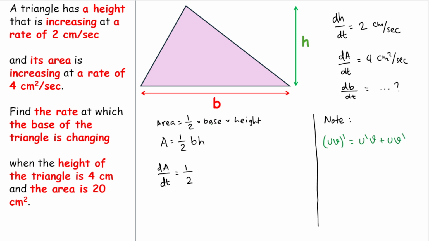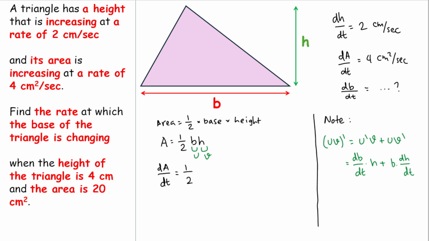Okay, and let's use our b here as our u and our h here as our v, right? So in this case here, we will have u', so we will have dB/dt, right? So we have dB/dt, then multiplied by v, that is h, and then plus uv', which is b, then multiplied by dh/dt.